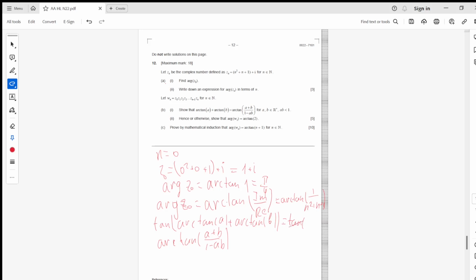Tangent of arctangent just cancels out. And for the left hand side, we can just use the tangent of a sum.